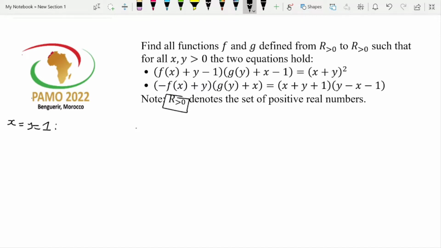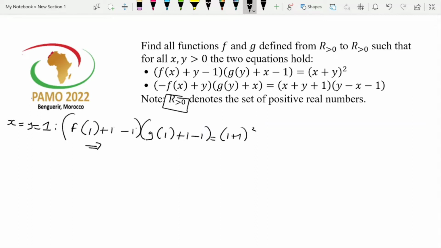Substituting in the first equation, you have f(1 + 1 - 1) times g(1 + 1 - 1) equals (1 + 1) all squared. If you simplify, f(1) g(1) equals 2 squared, which equals 4.